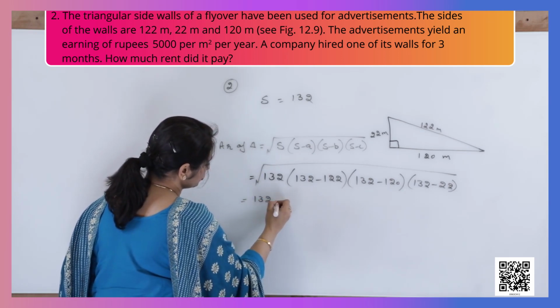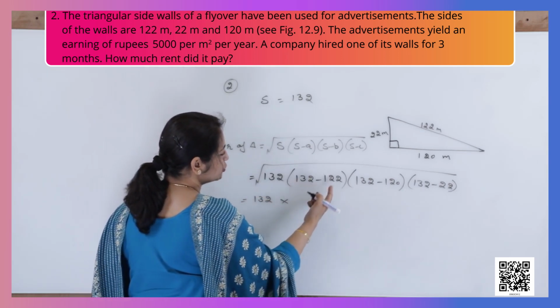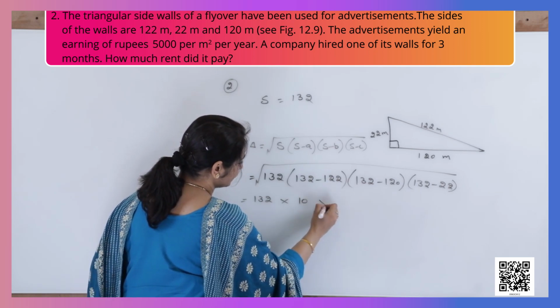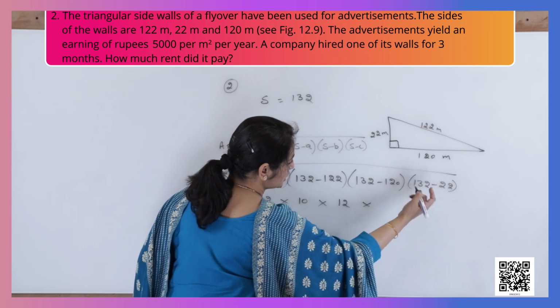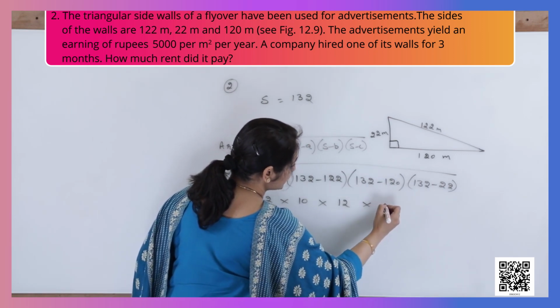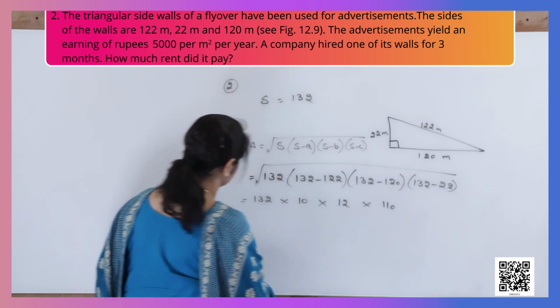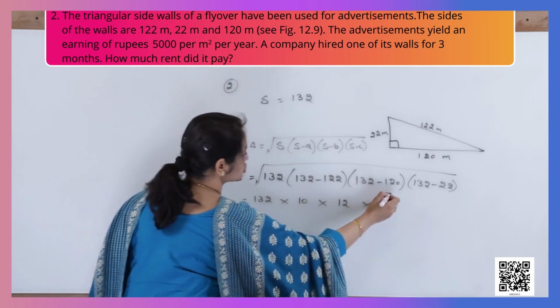So 132 multiplied by 10, 132 minus 120 is 12, and 132 minus 22 is 110, square root.